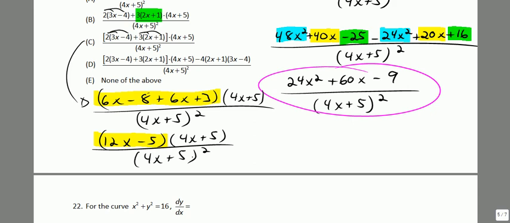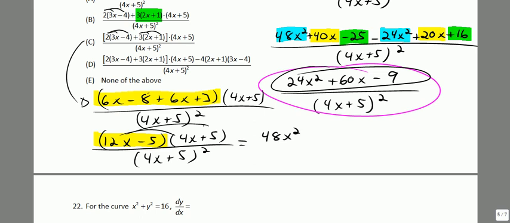Well, that's not going to be it, because this 4x plus 5 would cancel out one of the 4x plus 5s on the bottom. But before I do that, actually, let's FOIL out the top, because maybe I have a 4x plus 5 in that. If I FOIL out the top, first would give me 48x squared.